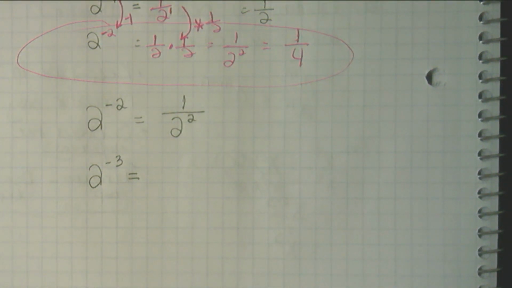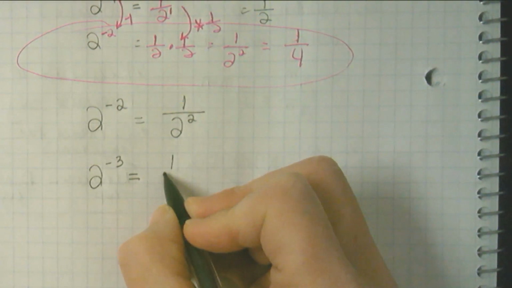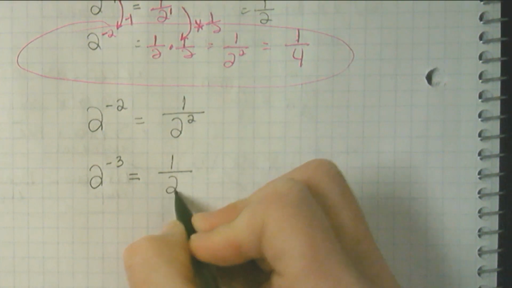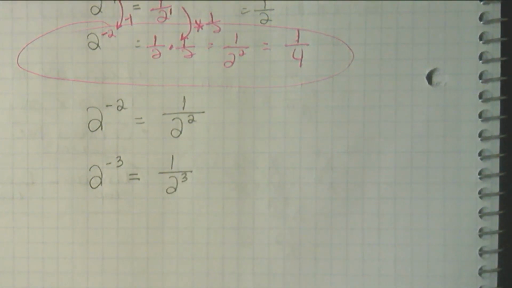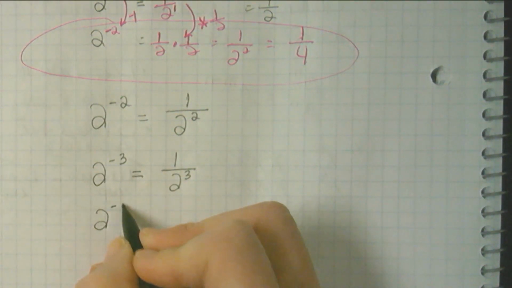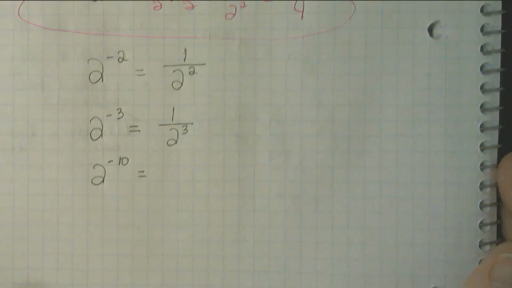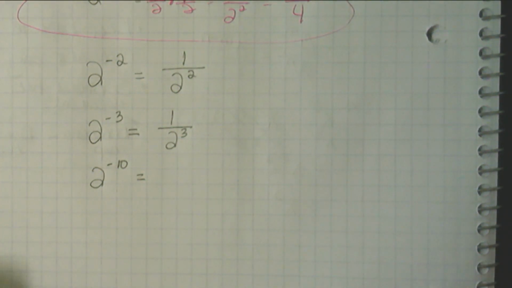What is 2 to the -3rd power going to look like? Alex? Not 1/2. 1 over? 2. Excellent. If I had 2 to the -10th power, what is that going to look like with a positive power? Sophia?